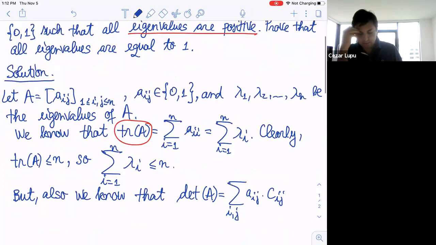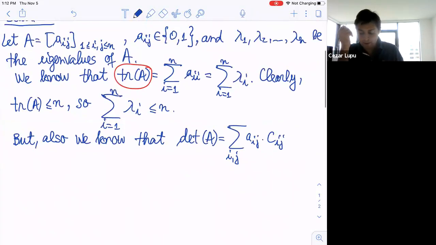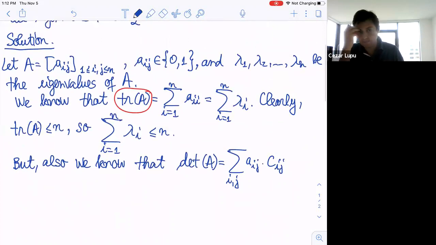Okay, the entries are 0, 1. So what can you tell me about the determinant? Keep in mind that the entries are 0, 1. So what values can the determinant have?